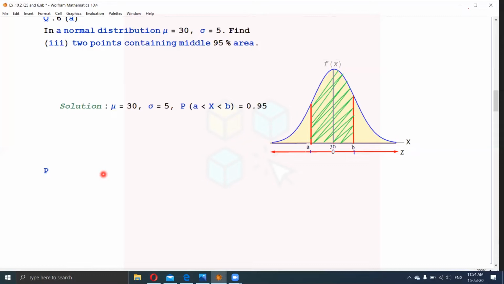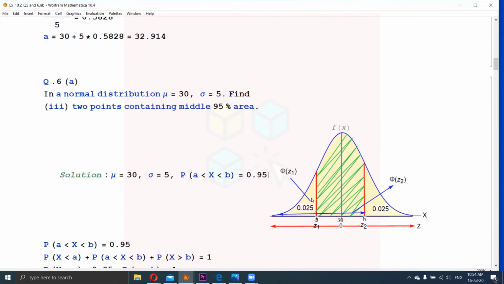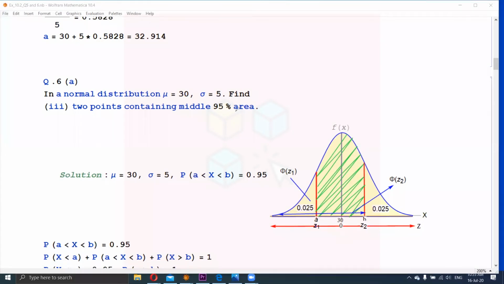So the probability can be written this way: probability A less than X less than B is equal to 0.95, and the probability is in the center of the curve, denoted by the green color shaded area.